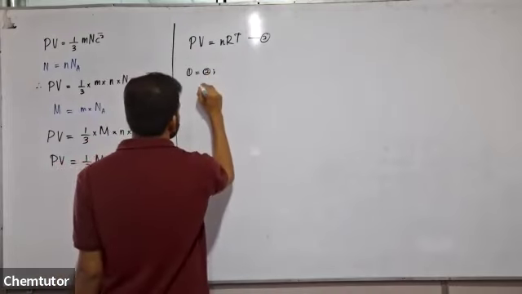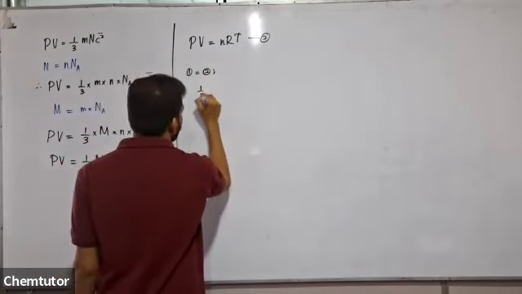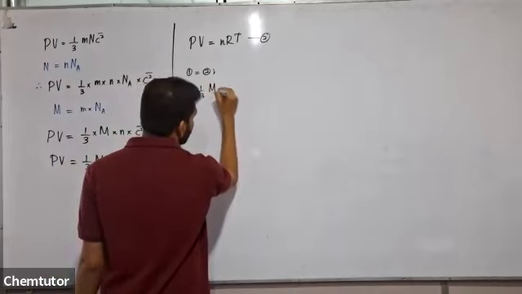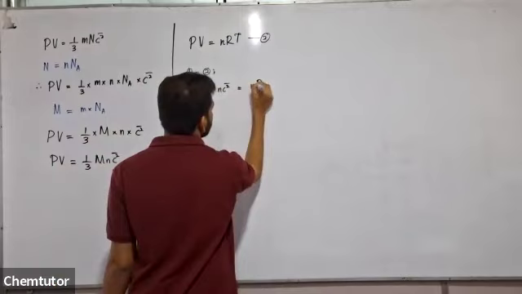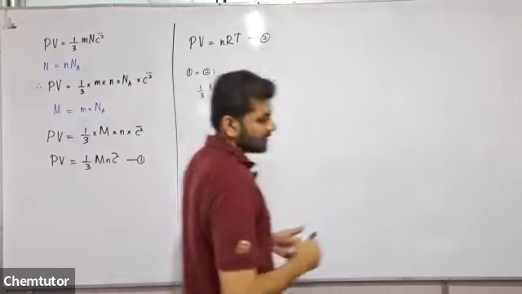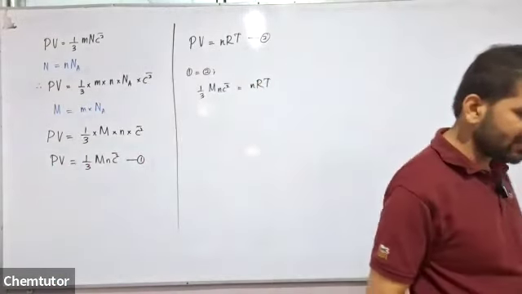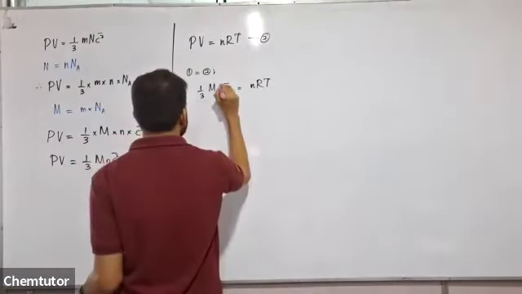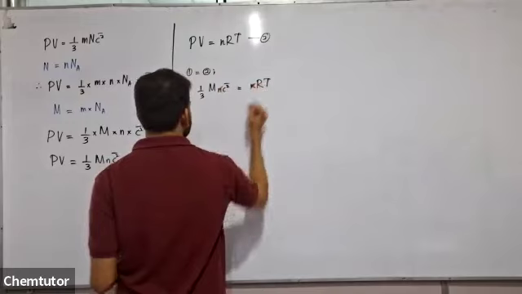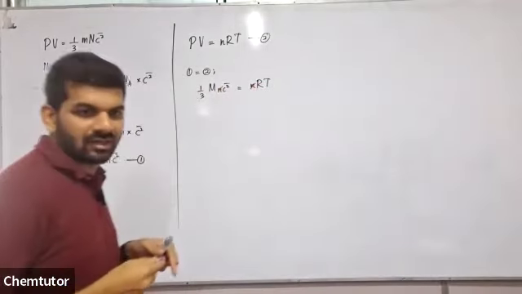There we can say 1/3 M n c square bar equals nRT. Then simple n can be cancelled off from both sides because it appears on both sides and represents the same thing, the number of moles.